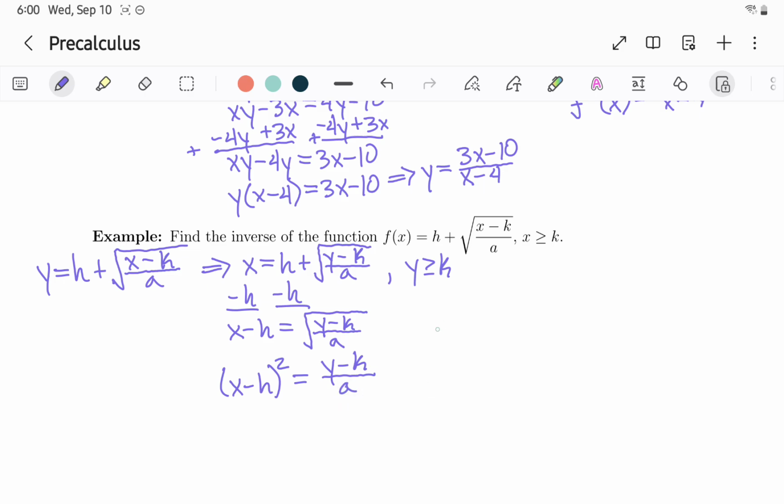The way we can see that as well, maybe in the previous step, instead of using the square root, we could have said that this is equal to ((y minus k) over a) to the 1/2, because that's all square rooting is. And that's why we're squaring both sides, because taking the power of a power gives us the product of the powers. And of course, 1/2 times 2 is going to be 1. So the exponent just simplifies down to 1 when we square both sides, on the right-hand side, that is.